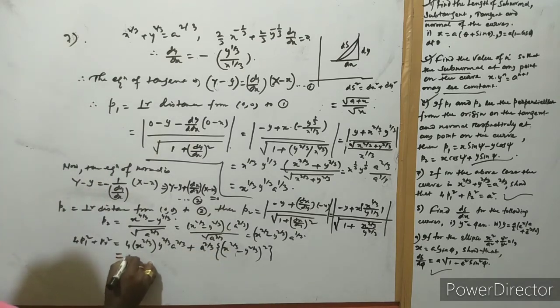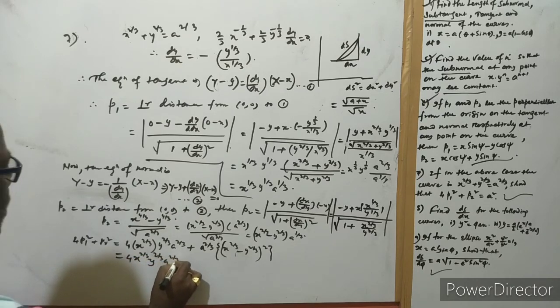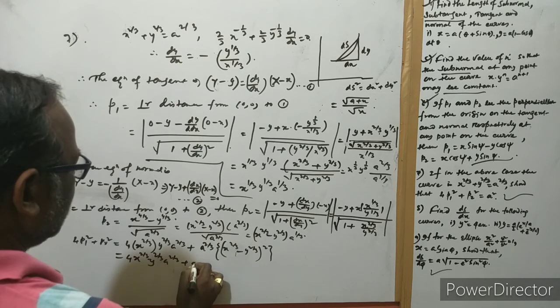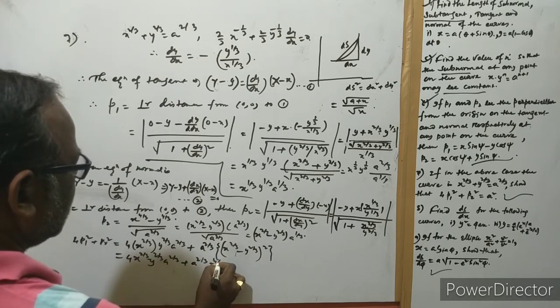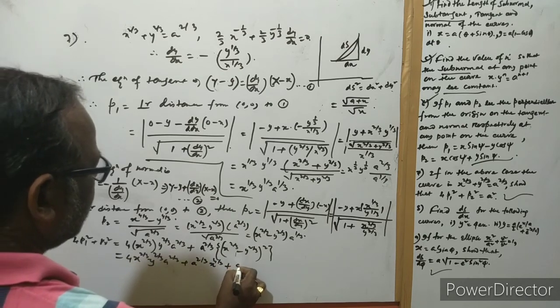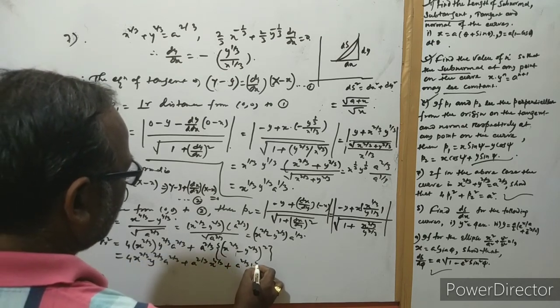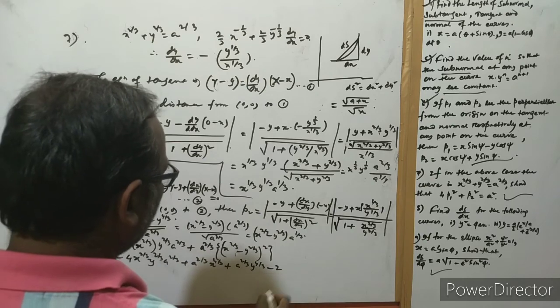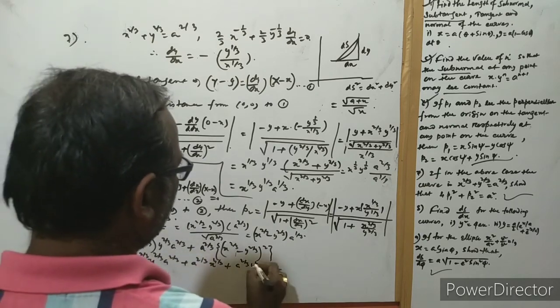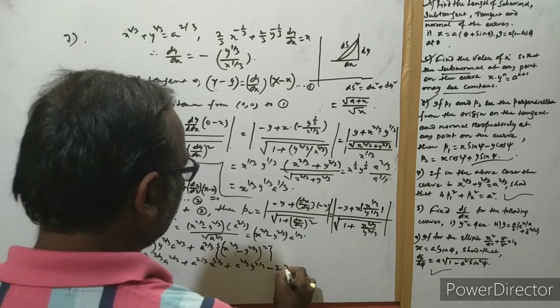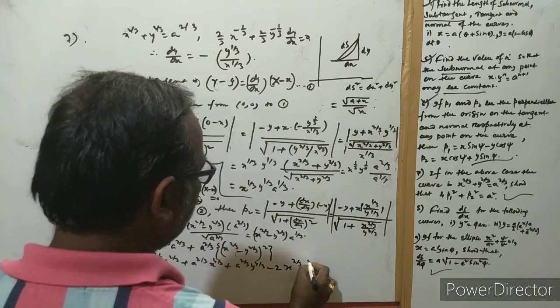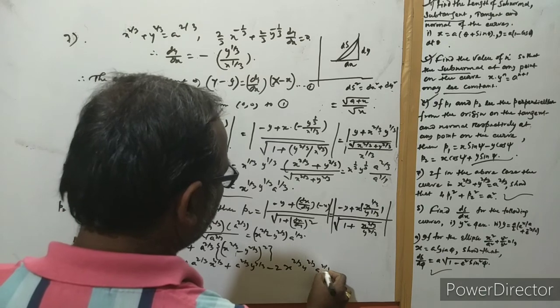Okay, this is 4 x1 to the power 2/3, y1 to the power 2/3, a to the power 2/3, squaring both sides, a to the power 2/3, x to the power 4/3, a to the power 2/3, y to the power 4/3 minus twice AB, x1 to the power 2/3, y1 to the power 2/3, a to the power 2/3.